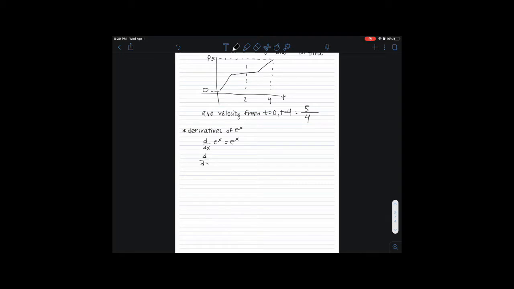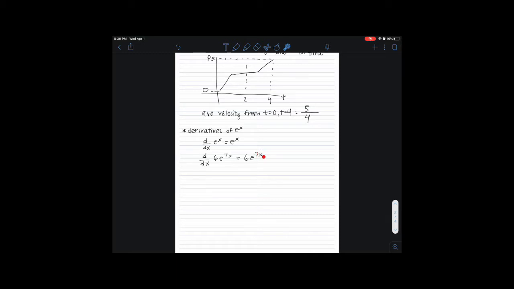So if I were to give you, for example, the derivative with respect to x of 6e to the 7x, I would get 6e to the 7x, because that's the derivative of like my outside equation. The derivative of e to the x is just e to the x. So the derivative of 6 e to the x would just be 6 e to the x.